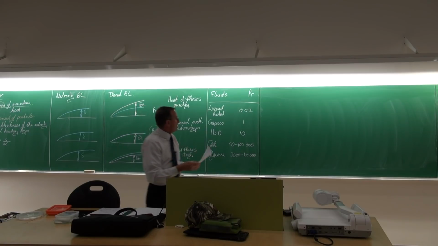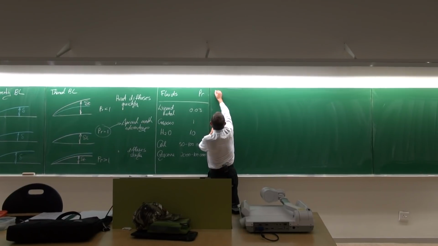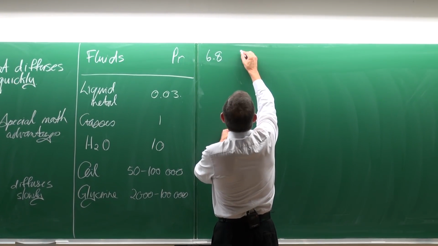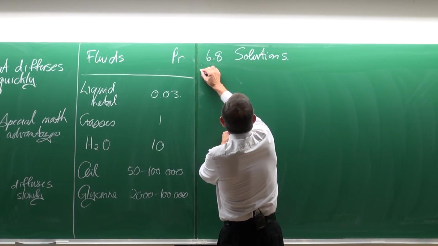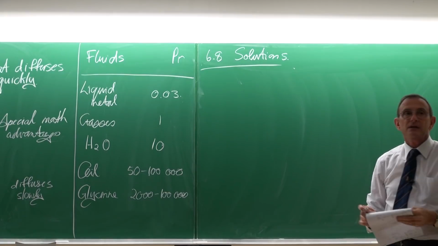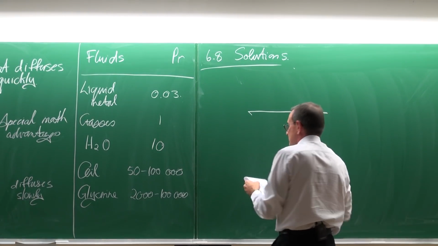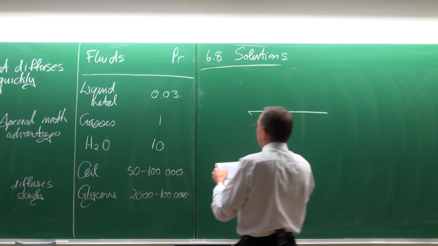So we are going to go now to paragraph 6.8, which is the solutions of the convection equations. The solutions of the convection equations. And the solution is for the easiest geometry and the most simple case of fluid mechanics that we know.